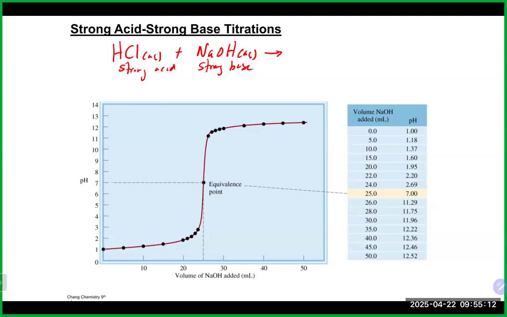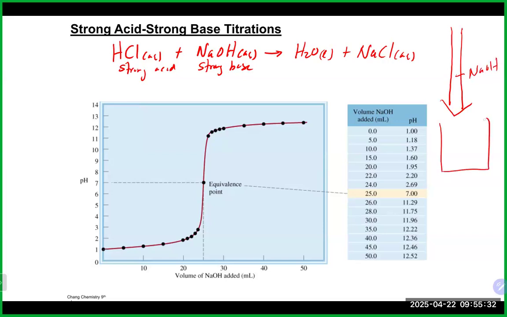That is going to get us our double displacement reaction, which is going to produce water and a salt, in this case sodium chloride. For orientation purposes here, up in the burette, in this case, is going to be the sodium hydroxide. So we're adding the sodium hydroxide to our acid, which is our HCl in this case. So we are dropping base into our HCl.